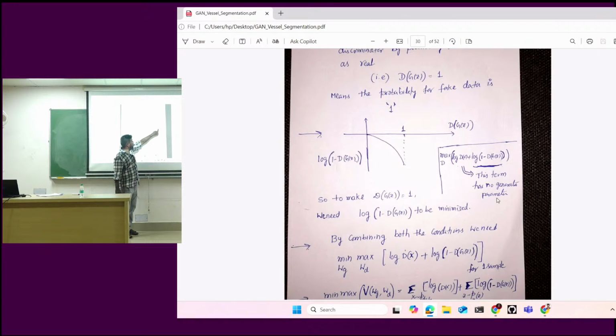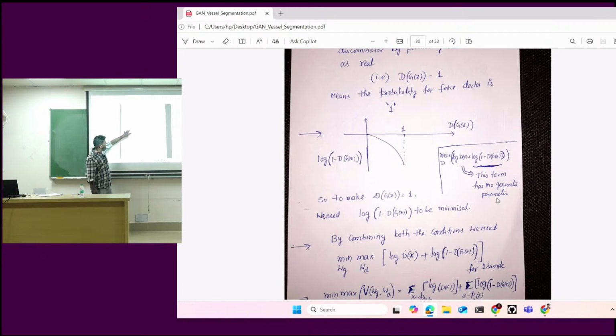What you have to do is try to minimize this. Minimization of this is nothing but making D of G of z equal to 1. If this is 1, what is log 0? Minus infinity.